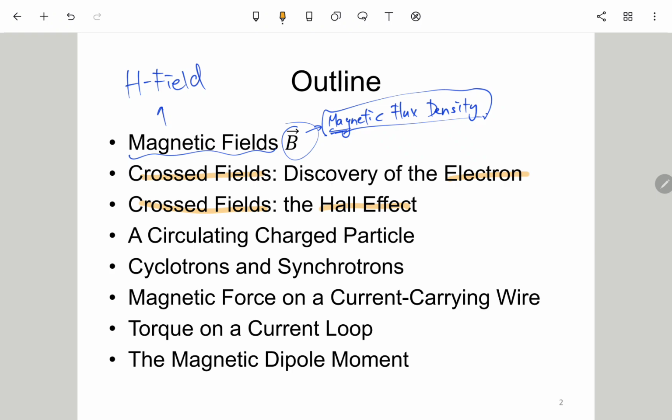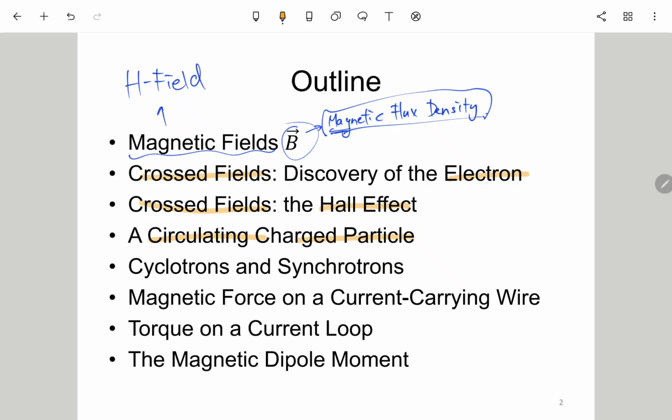We will also learn about a circulating charged particle. If there are some charges in a uniform B field, there will be a circulating charged particle.